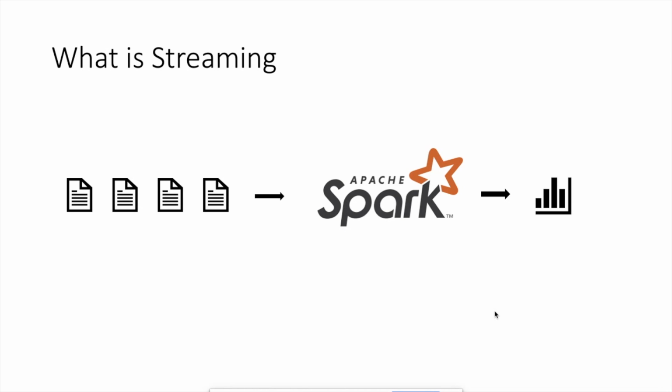As soon as the new data is available, it has to process the data and generate the output. That's what a streaming application looks like. You keep getting input data throughout the day, and Spark processes that data as soon as it is available, and then generates the output.